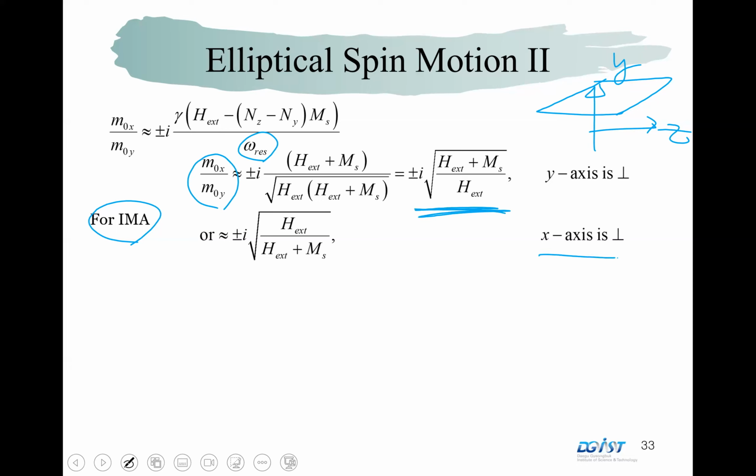For the y-axis perpendicular, we have this form. But look at this, this is just the inverse. So what's the meaning of this?